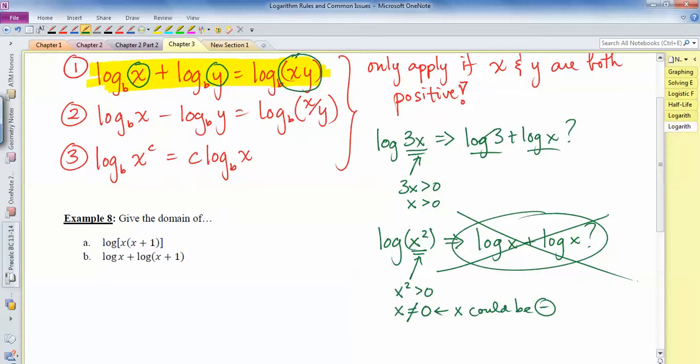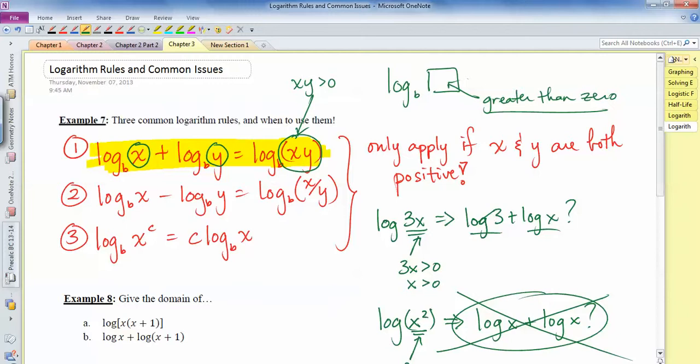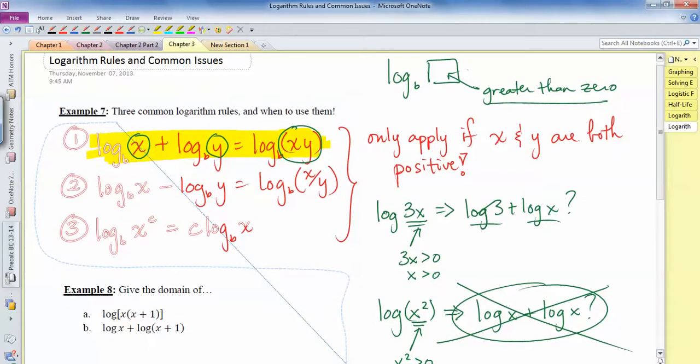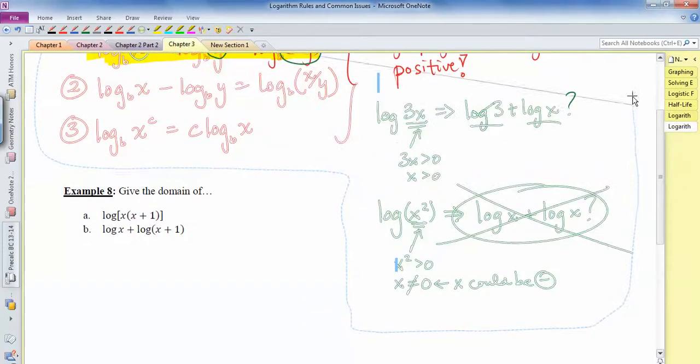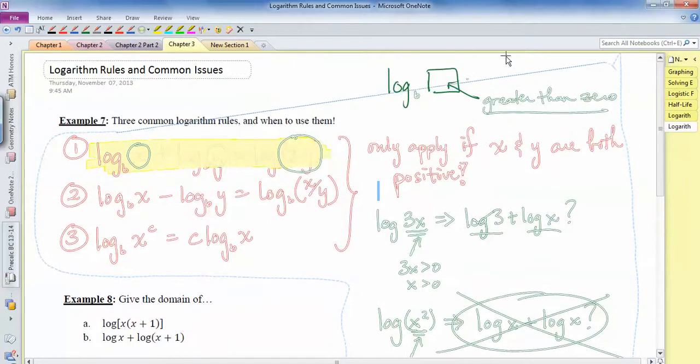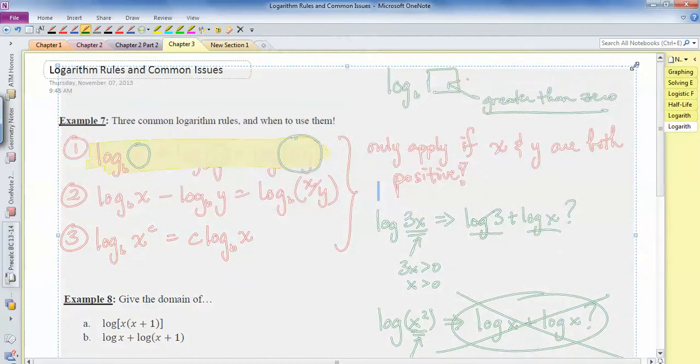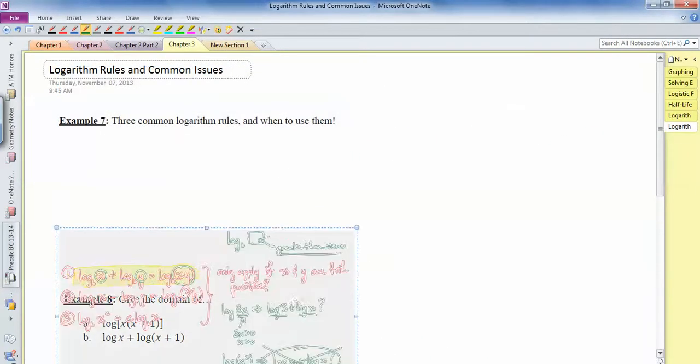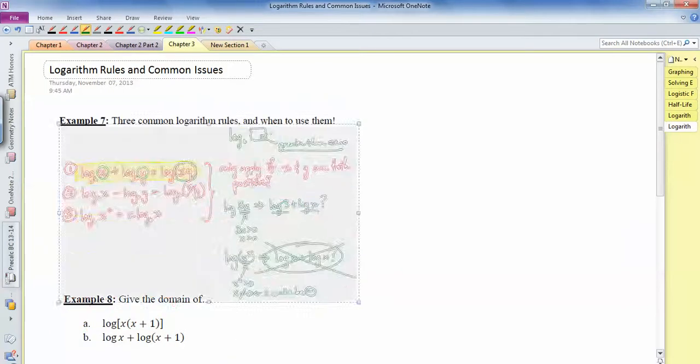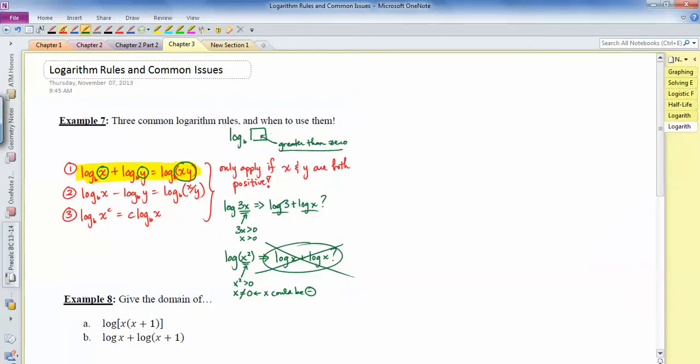Okay? So let me give you a common mistake example that comes up. I'll shrink all this stuff down. And here's a common mistake example.